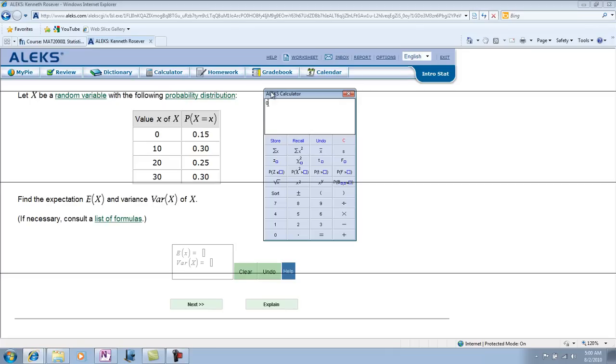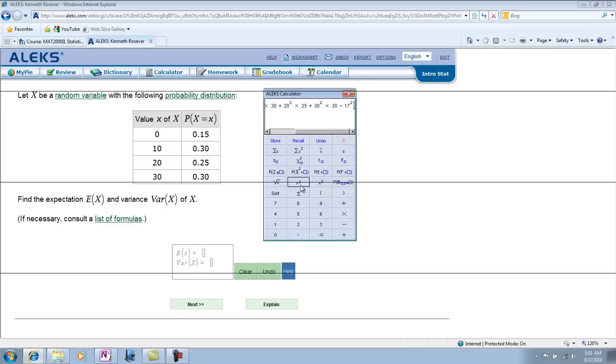This is kind of cheesy, but just for notation, I'm going to square it, and I'm going to multiply it by 0.15 plus 10 squared times 0.30 plus 20 squared times 0.25 plus 30 squared times 0.30 minus 17 squared.